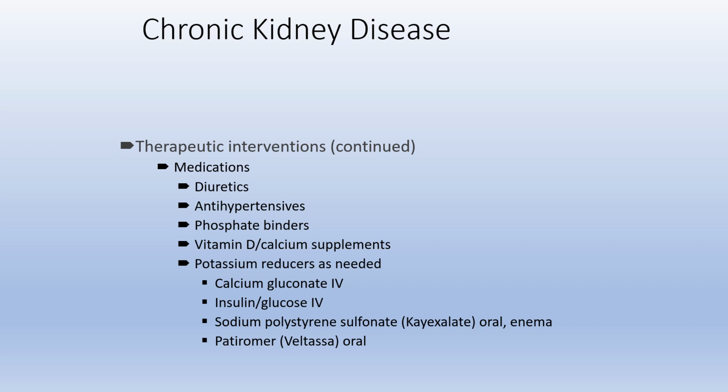Agents to lower potassium levels are also used if needed. All drug therapy is closely monitored because the kidneys are unable to effectively remove the medications from the body. And as renal function decreases, a patient who requires insulin may need smaller doses of some long-acting insulins.